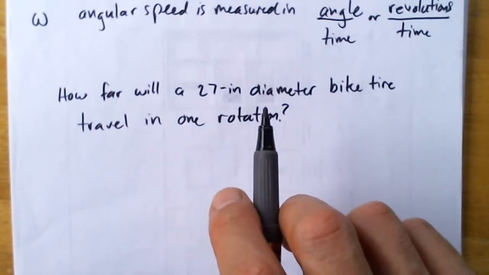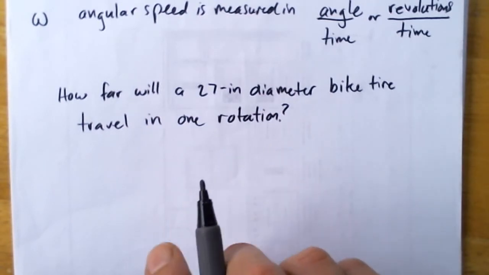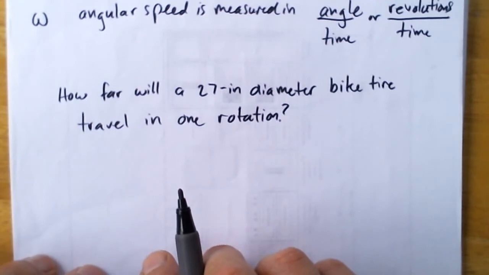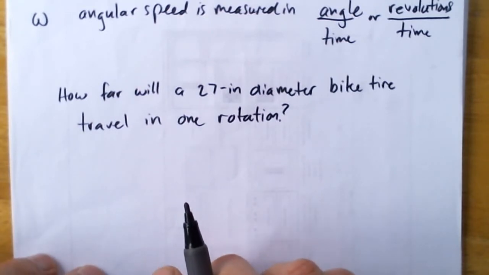So if it's 27-inch diameter, in one revolution, it's going to travel its circumference.